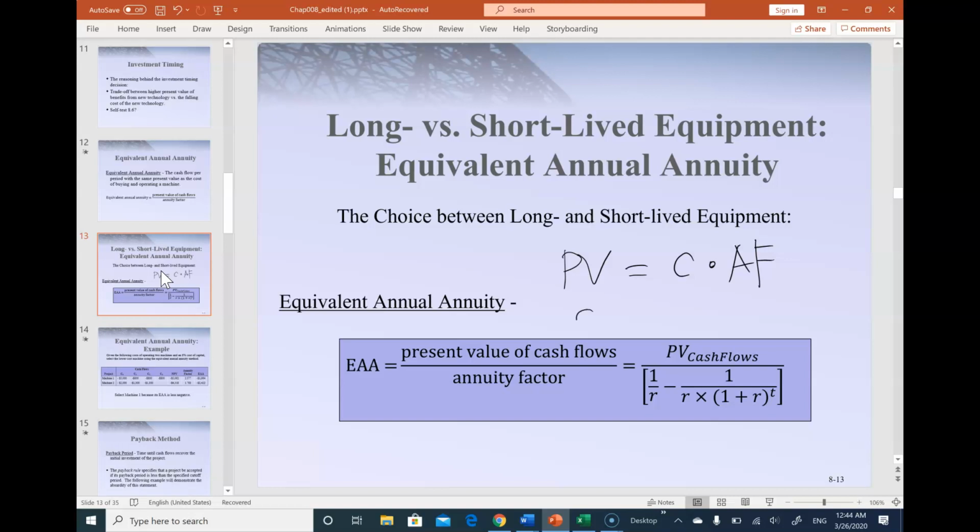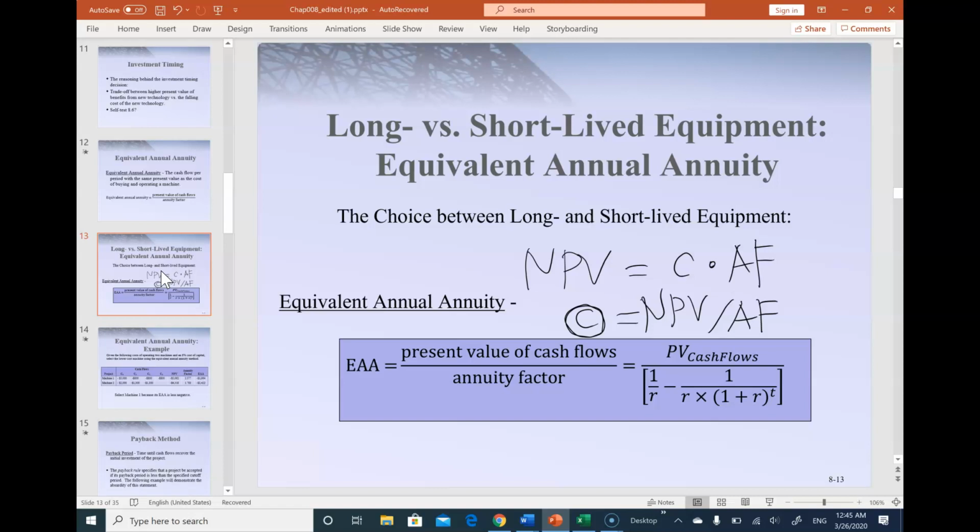So if you are curious about the annual payment, then annual payment is simply the present value over the annuity factor. So EAA is effectively this C, right? So instead of PV, we are using the net present value.